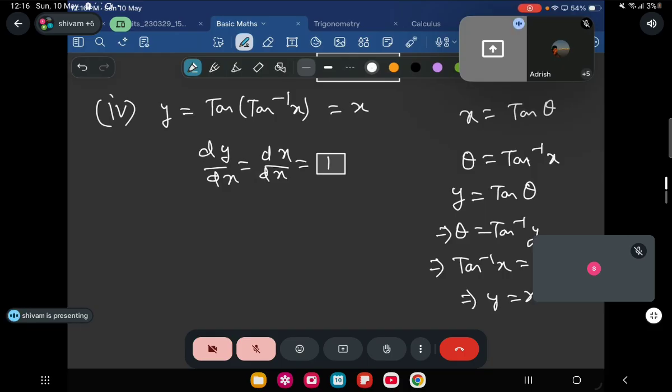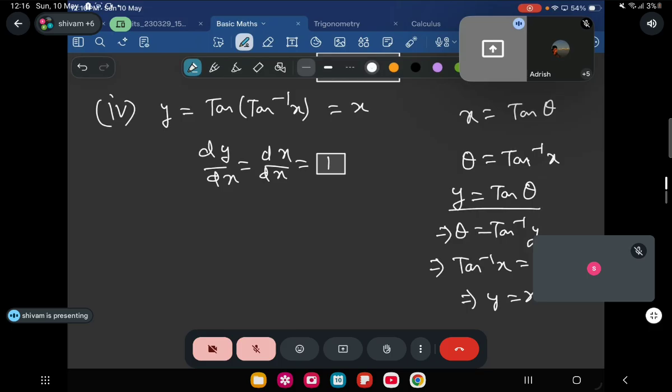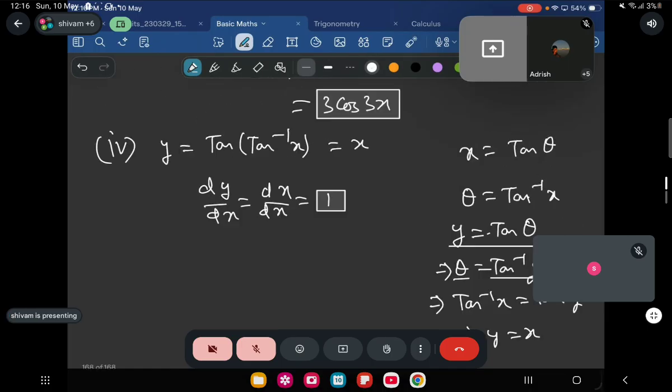That is the function. y equal to tan theta, then theta is equal to tan inverse y. So, not those two steps.